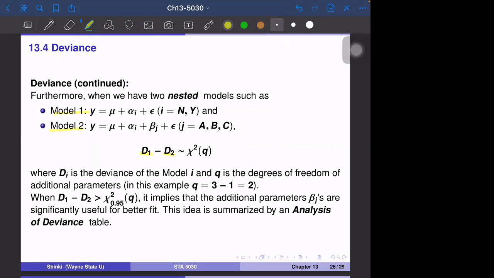Because model 1 is the smaller model, it has smaller likelihood, so it has the larger negative 2 times log likelihood. So this is always larger, and this is always smaller. So at least the difference is positive. But if the difference is too large, that means model 2 is better than model 1.